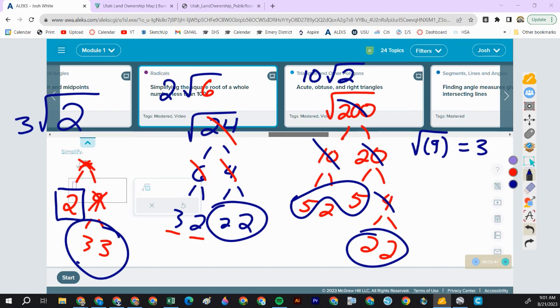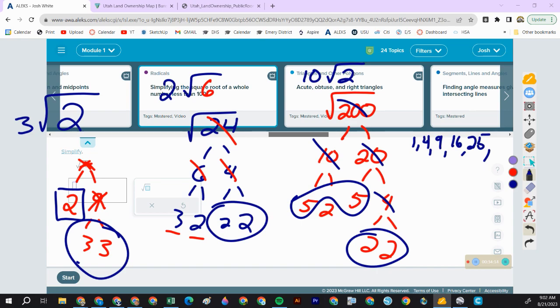Are there other numbers like that? What are they? 11 isn't one of them. 16 is, though. 64, and there's actually a whole series of those numbers. 1, 4, 9, 16, 25. What would the next one be? 36.